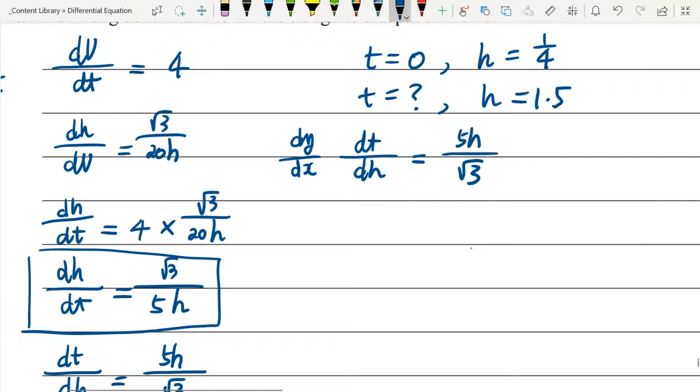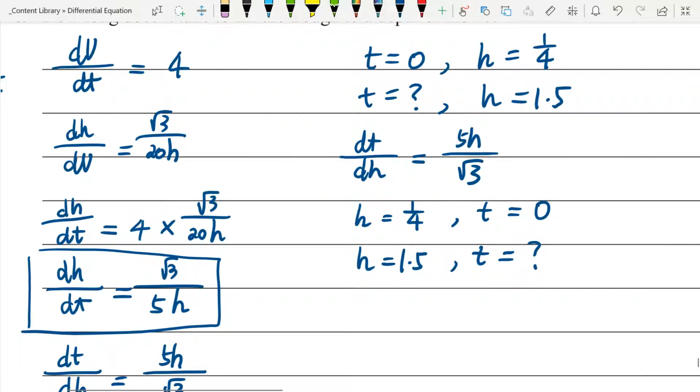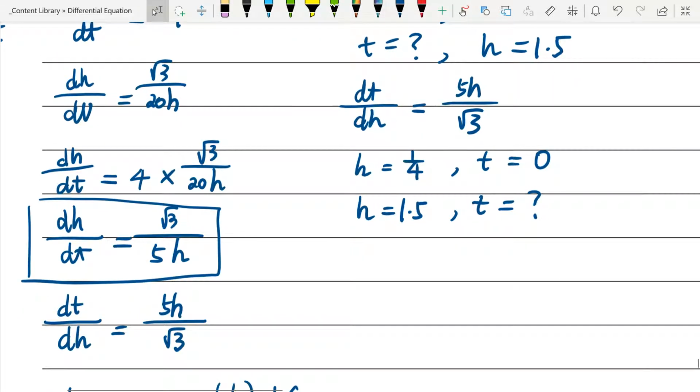So t is the y value and h is the x value. So what I have is if my x value equals a quarter, the given y value equals 0. And what I want to figure out is, at my x equals 1.5, what my y value equals.